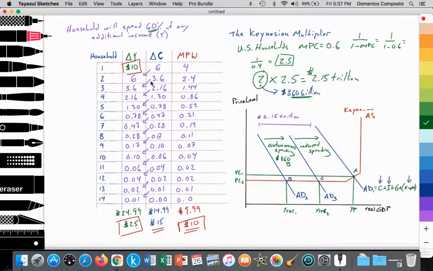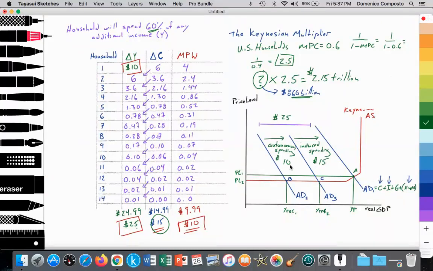With the data here, instead of $2.15 trillion, it would be total spending of 25 with the initial injection of 10. And that causes an additional amount of spending, which is right here, of 15.